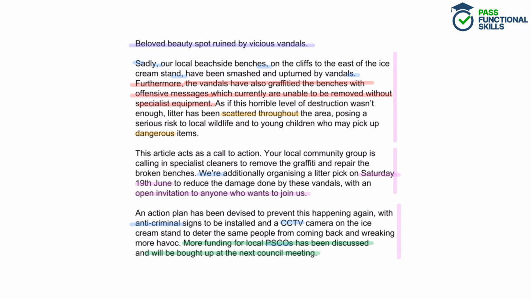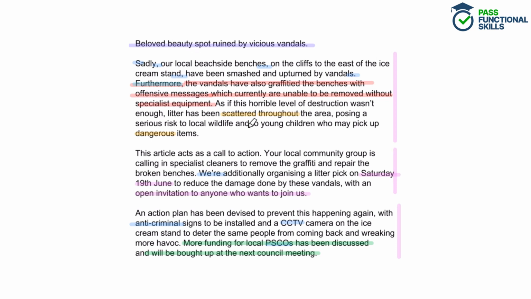During your writing exam, you'll also need to make sure that your answers are cohesive. So this basically means that you are using connectives and commas to join up ideas and make sure that everything flows together to create an answer that makes logical sense. So for example, in this paragraph, we've got the use of a connective word here, furthermore, to add on information and to connect to the previous idea.